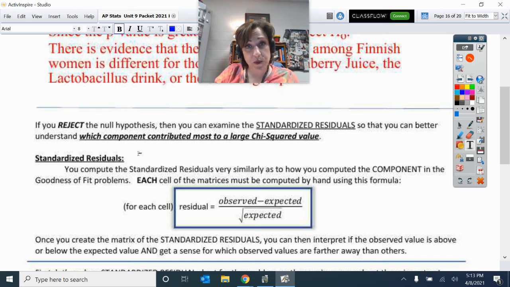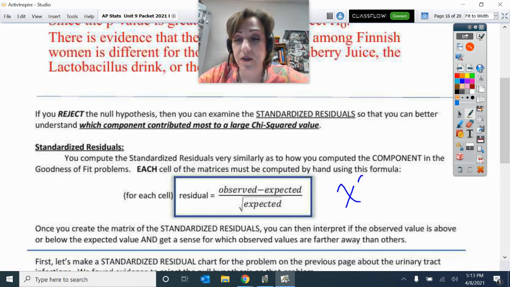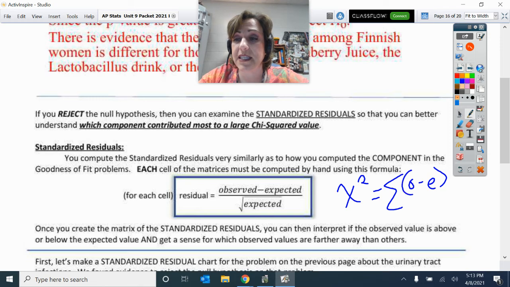The standardized residuals are not on the formula chart, so that's annoying. It's basically like the square root of a chi-squared. It's observed minus expected, without the squared, over the square root of expected. If you remember, our chi-squared formula on the formula chart sums up the observed minus expected quantity squared over expected.